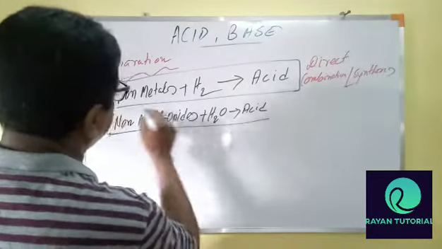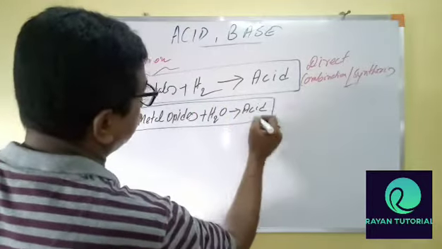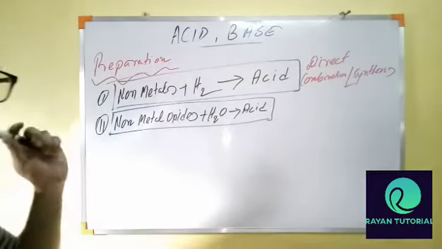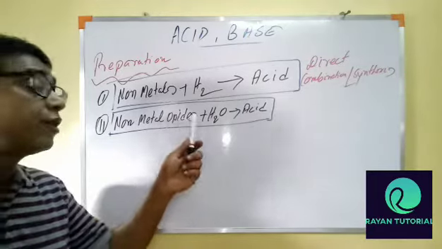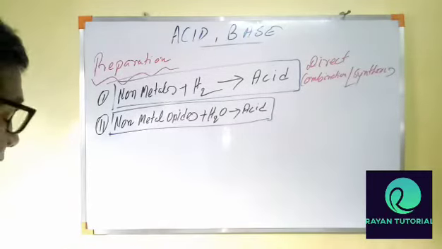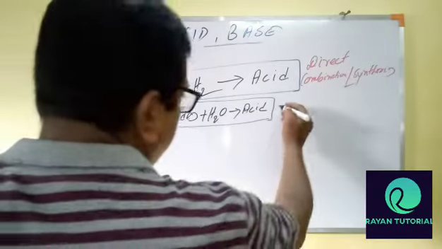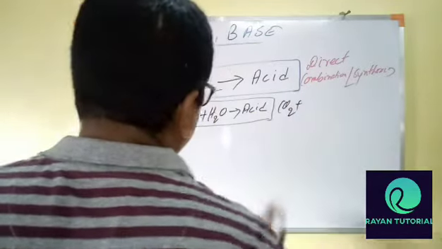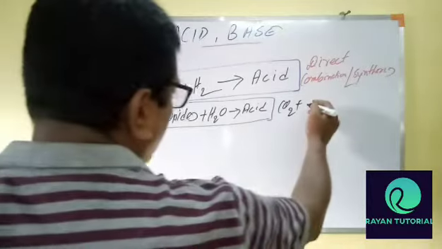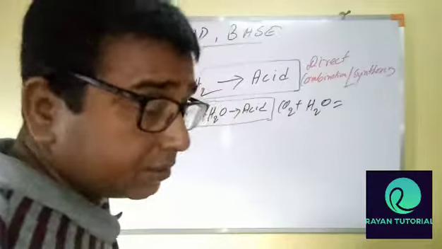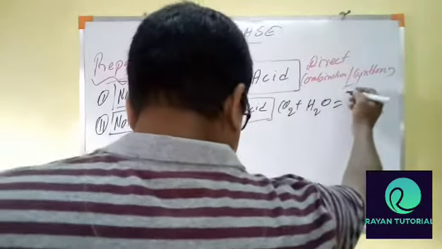So non-metals, if you add up non-metals with hydrogen, you will get acid. And for non-metal oxides, if you add with water, you will get acid. For example, let's take carbon dioxide. Carbon dioxide plus water will give you carbonic acid, right?